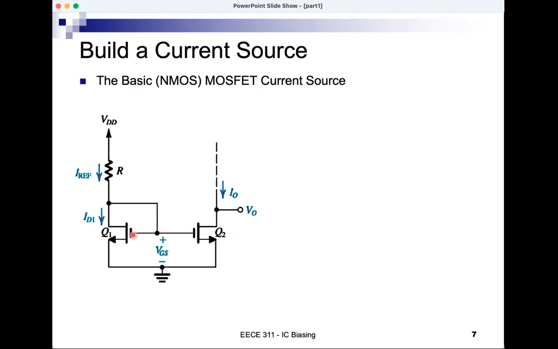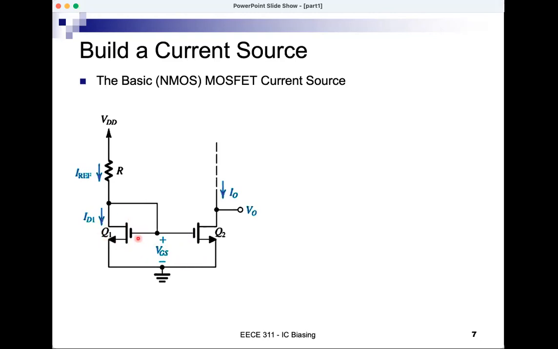Their gates are connected together. Their sources are connected together. And in this case, the sources are grounded. Because the gates are connected and the sources are connected, VGS will be the same for Q1 and Q2.